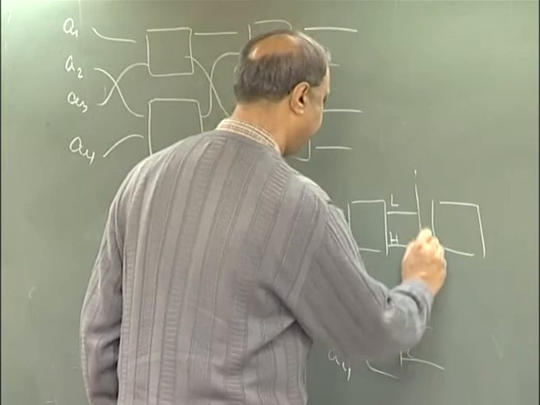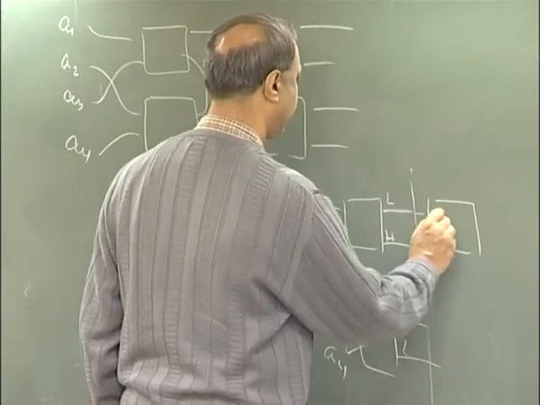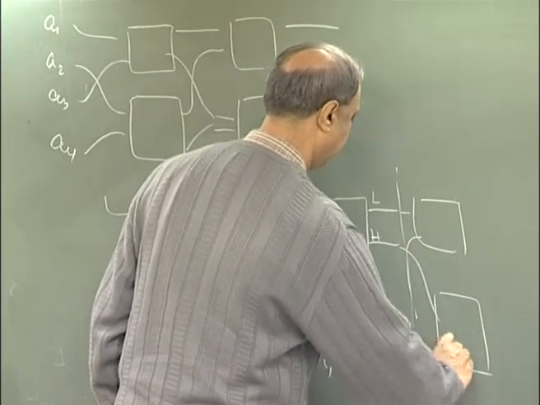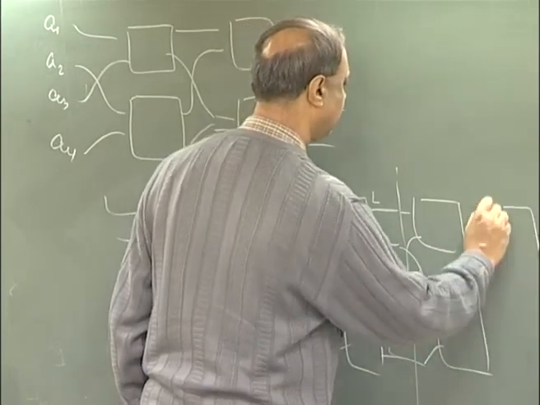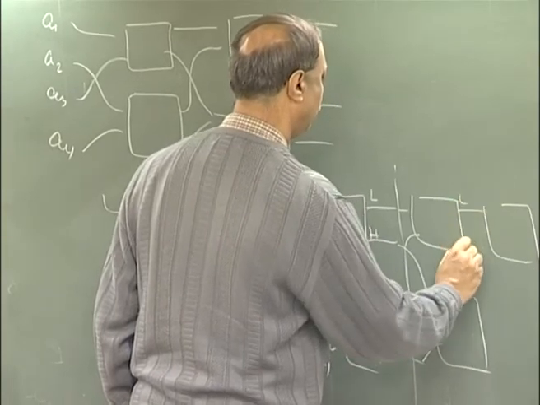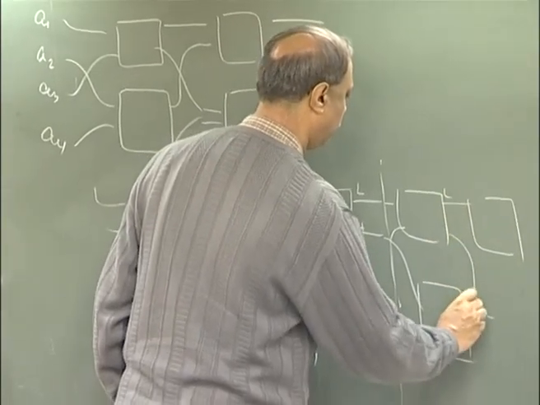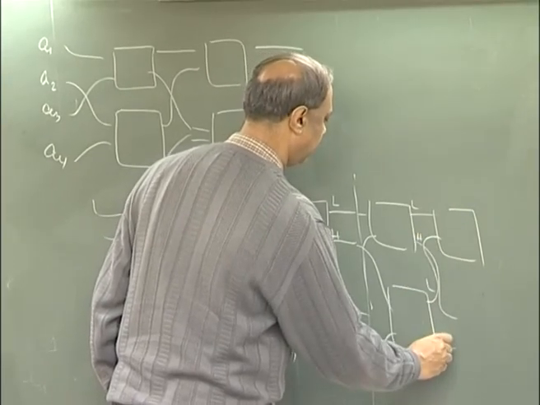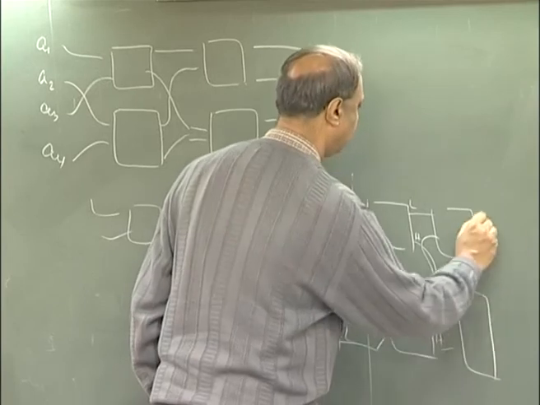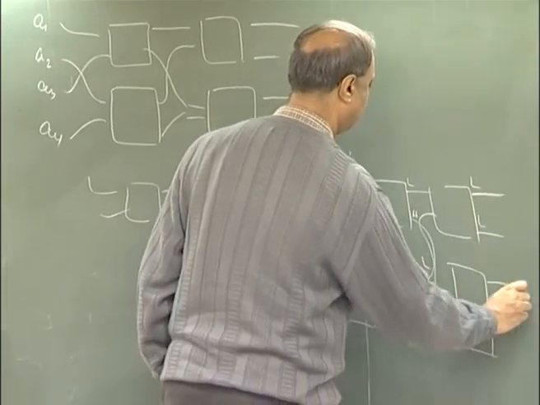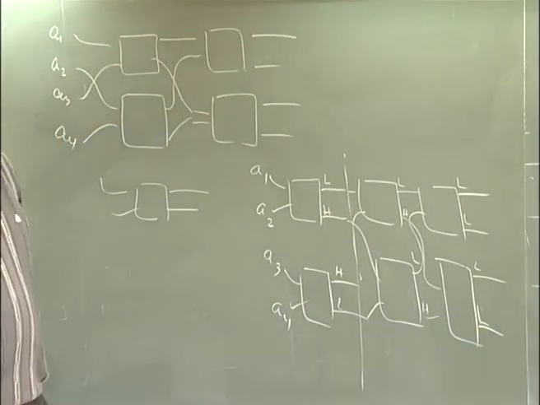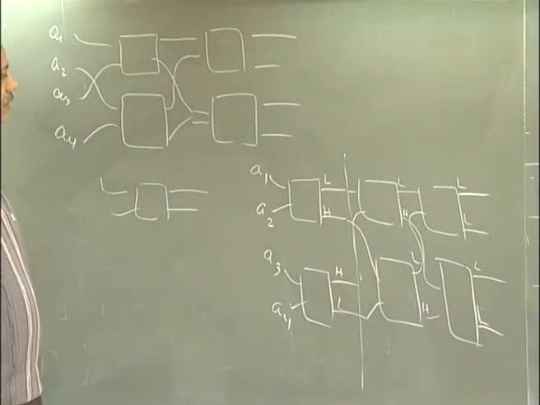Now in the second phase, you get low, low, high, high. So you will get the sorted sequence. Right?